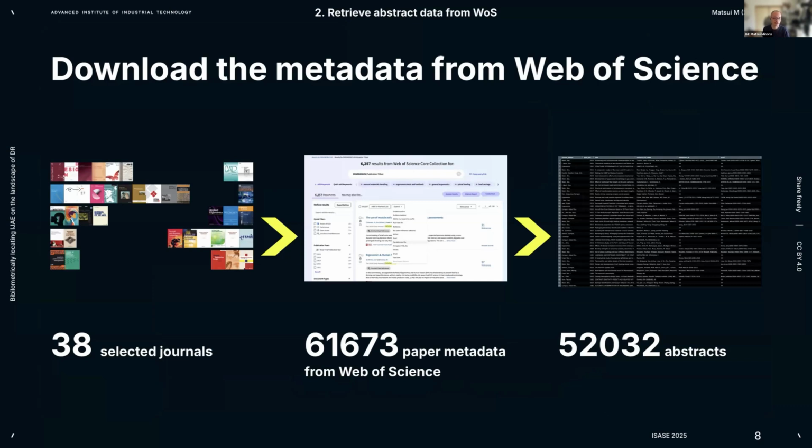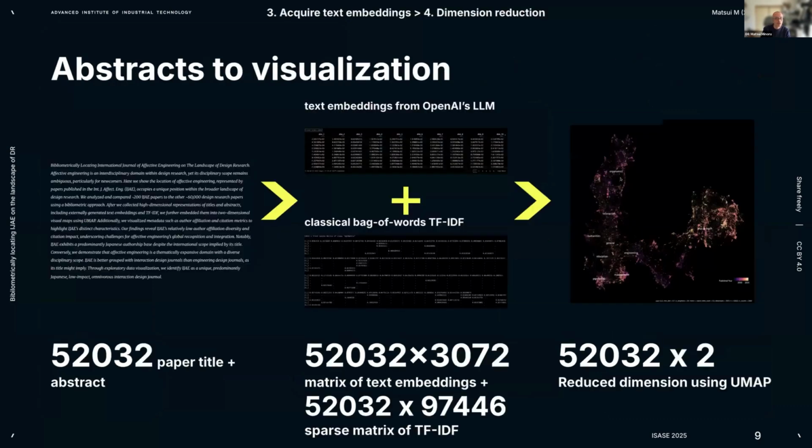When we downloaded the metadata from Web of Science, there were nearly 62,000 paper metadata, but not all of these had abstract data. So we had 52,000 abstracts. Here's a quick look at the data.